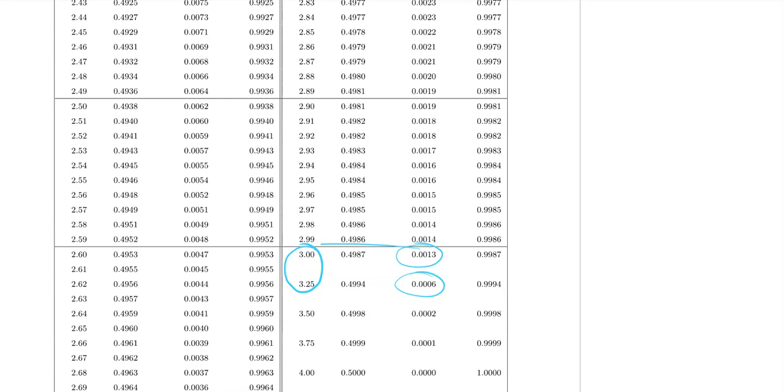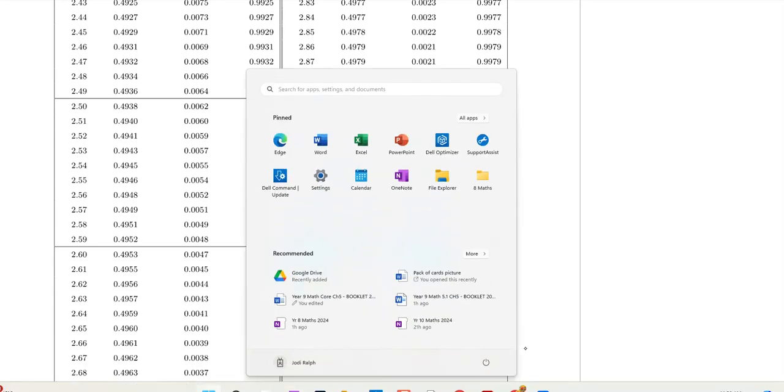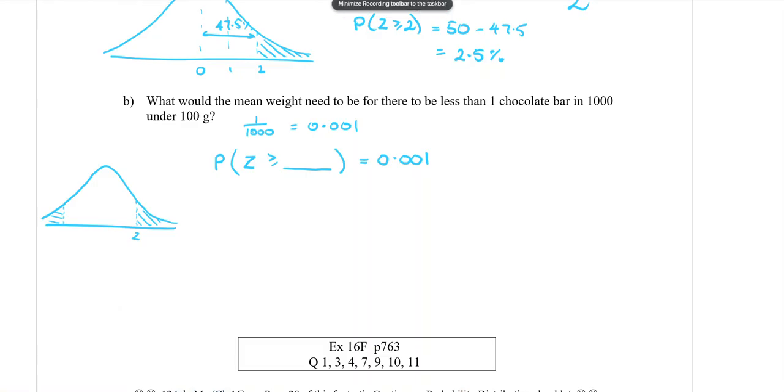Okay, so back here, the results that we had were 3.00.